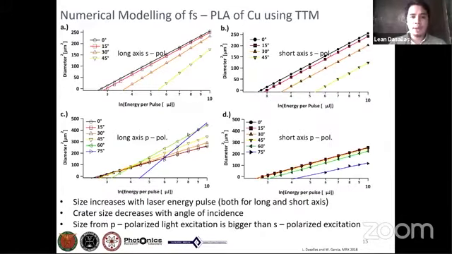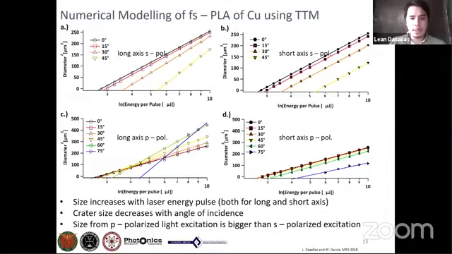Now, when it comes to the diameter of the ablation crater, we determine it as a function of polarization and angle of incidence. And as we know, when we do ablation at an oblique angle of incidence, the beam spot will have a shorter axis and a longer axis. So basically, the diameter will be different for the short axis and the long axis.